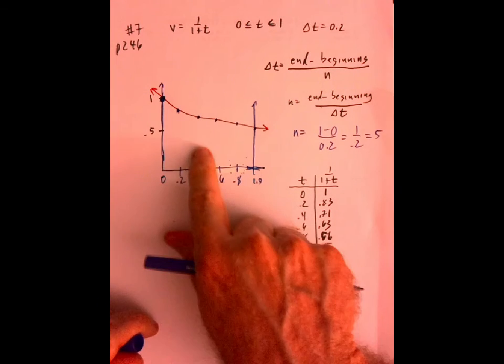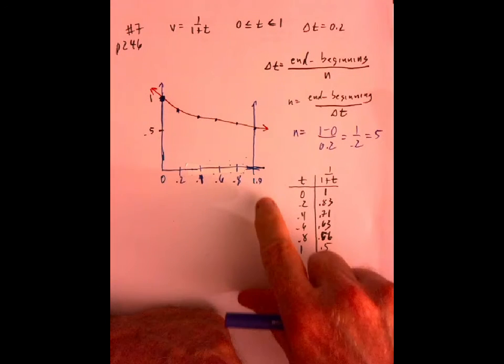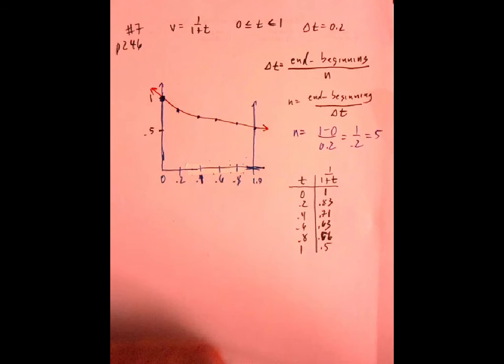The area under this curve will give us the distance that the bug has traveled. And so they want the upper and the lower estimate.